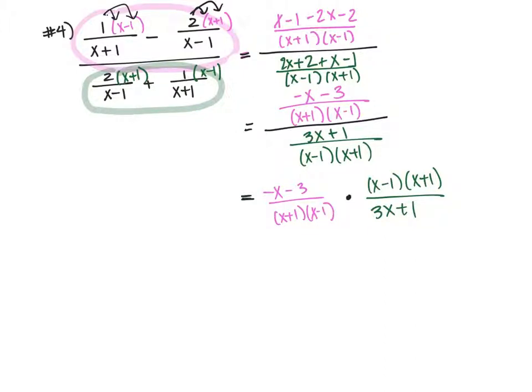When I do this, I notice that the factors diagonal from each other cancel because they're identical. So I can cancel out the x plus 1s because they have one each on the diagonal, and x minus 1 can cancel. If I multiply straight across, that's going to give me negative x minus 3 over 3x plus 1. And so it looks like this is my answer here. So I'm going to box that in.